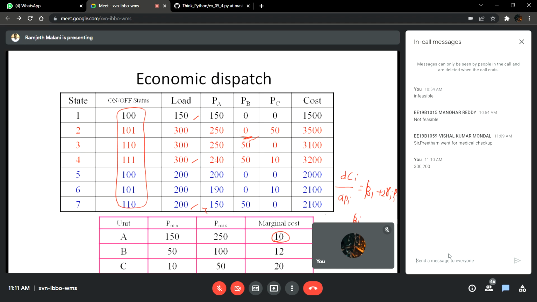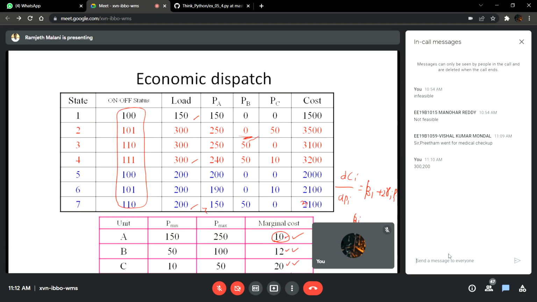So the per megawatt cost is given, and if you generate in this particular generator, you are going to end up at the least cost. If you use this generator, the cost will slightly increase, and if you use this generator, the cost will further increase, because the marginal cost, that is cost per megawatt hour, is 10 here, 12, and 20.